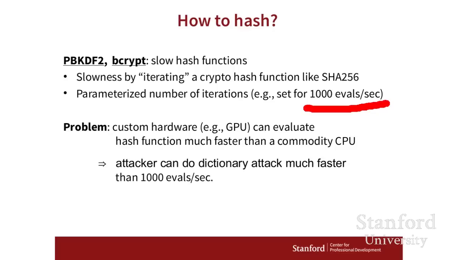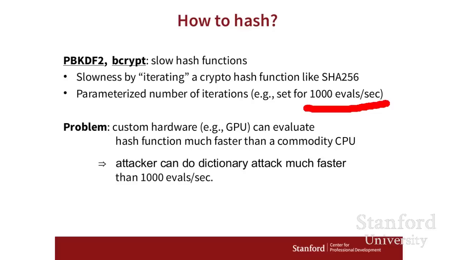If a GPU has 100 cores on it, it could do 100 evaluations in one step, basically evaluating 100 words in a dictionary in one step. And you can even build commodity hardware using ASICs and so on, where the hash evaluation is even faster. In fact, the attacker can do his dictionary attack much, much, much faster than 1,000 evaluations per second.